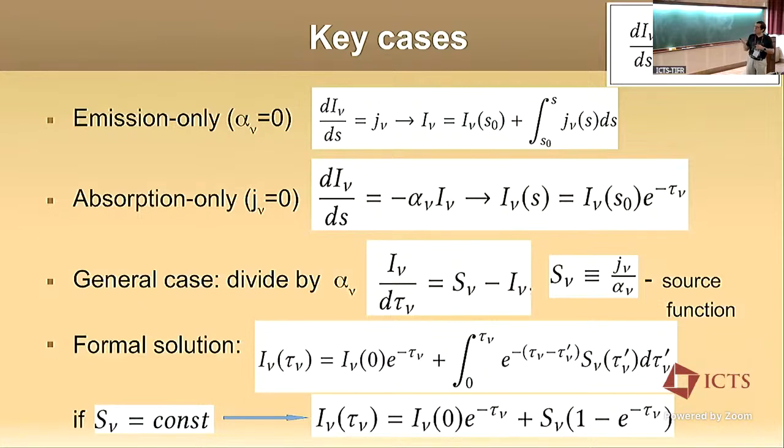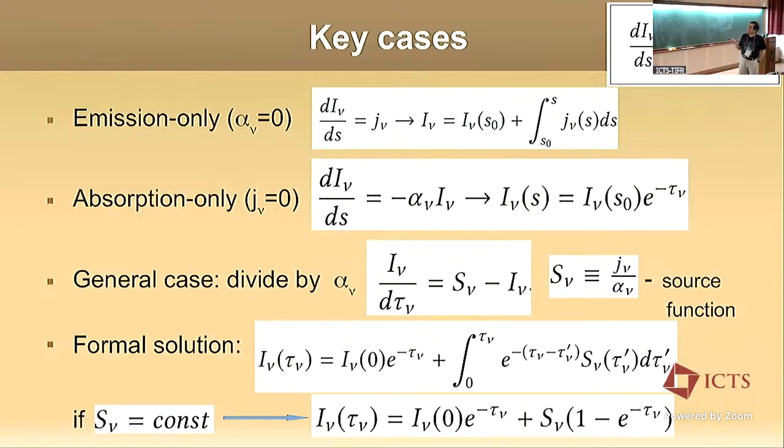If you have only absorption, the first term is 0 and only the second term matters. Then the equation is again a relatively simple one. This kind of equation you can solve, assuming that alpha is constant, which usually is not too bad an approximation. If alpha is constant, you just integrate this equation.